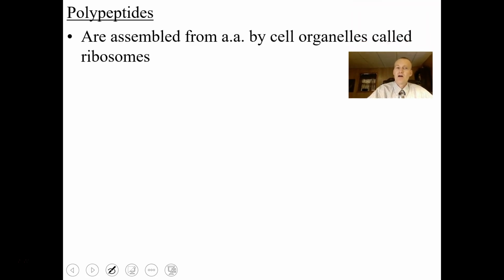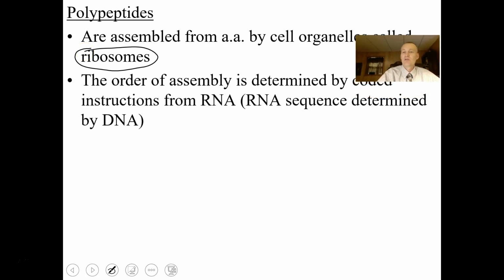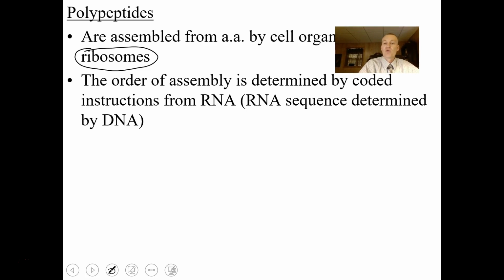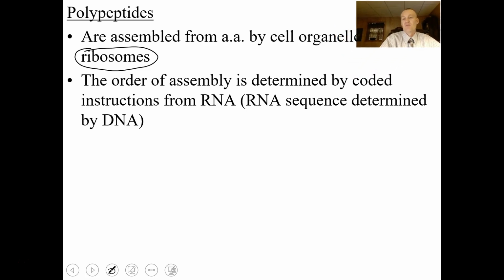Now, polypeptides, which means many peptides or many amino acids, are assembled by an organelle called a ribosome. And in our next unit, we'll talk about what ribosomes do and how they work. The order of the assembly of a protein is basically coded in a molecule called RNA. There is a sequence of RNA that codes for the production.